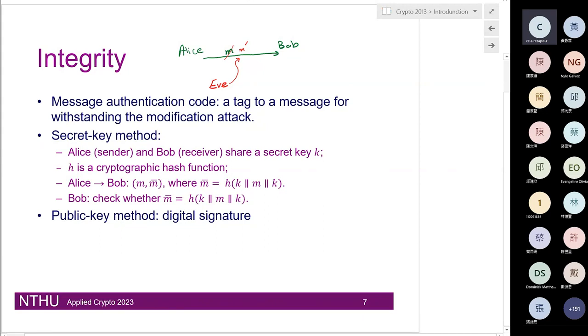For example, let's say Alice is asking Bob for a date, and she's sending the location to Bob, and Eve is thinking that maybe he can get close to Alice. So what he would do is send another restaurant address to Bob with M prime, and send Bob away to somewhere else. So this could be an example.